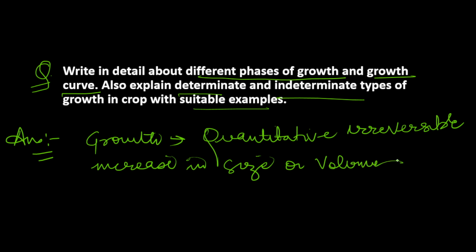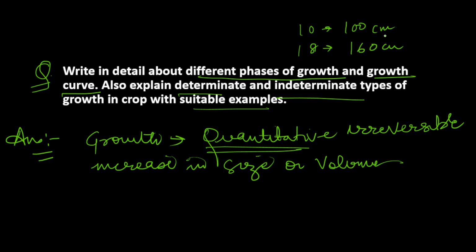So let it be human beings only. When we grow from our childhood to our adulthood, our height grows, the size of our organs grows. So that is quantitative, that can be measured. We can measure our height. Irreversible: suppose at 10 years we were 100 centimeters, and at 18 years we are now 160 centimeters.